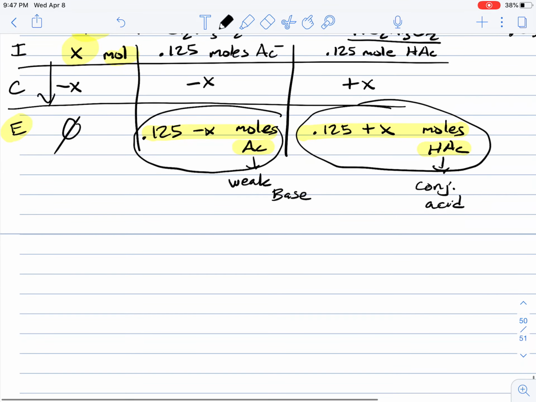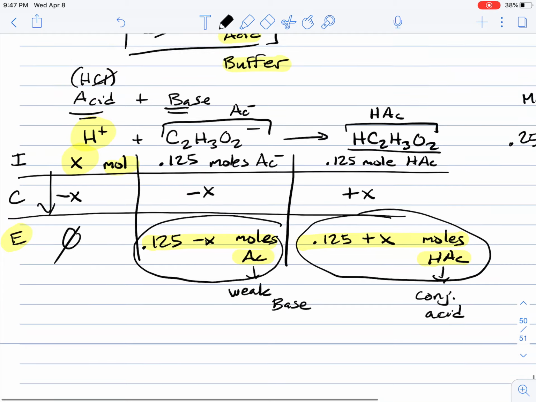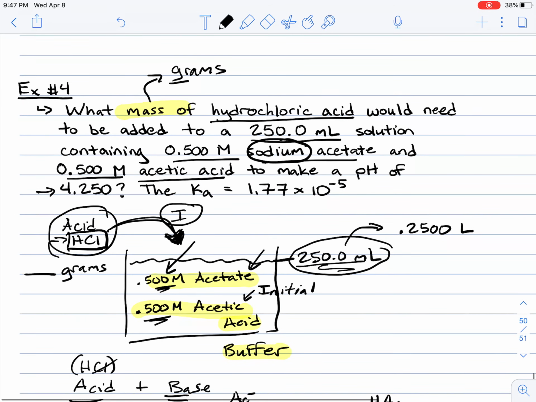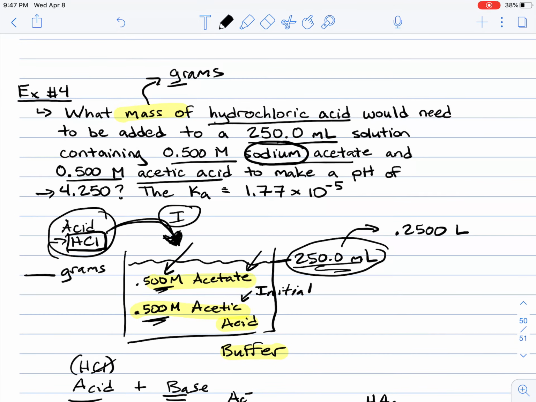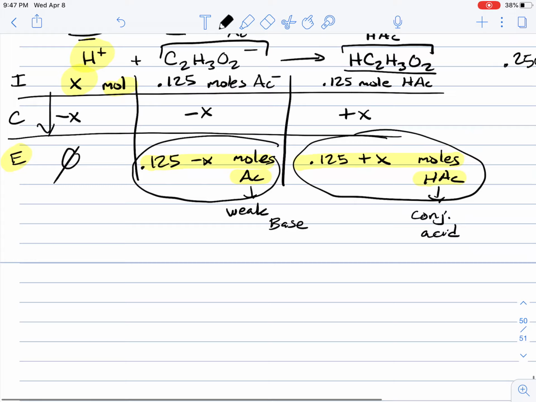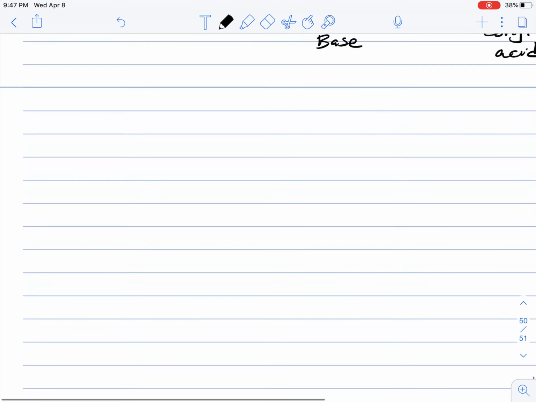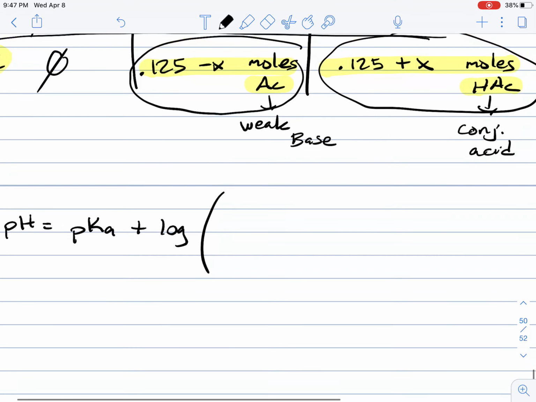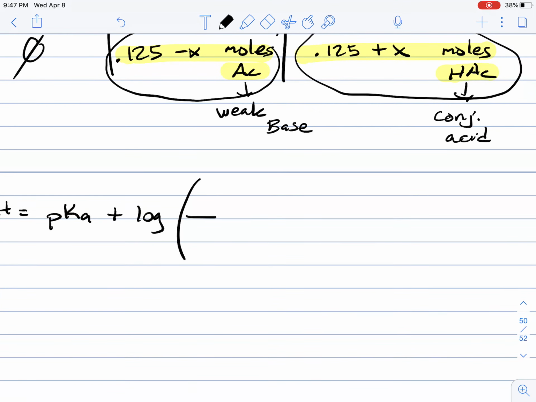And so I'm going to scroll up. Notice that they gave me a Ka value, and they gave me pH. And so I'm probably going to use the pH equals pKa version of the Henderson-Hasselbalch equation. So pH is equal to pKa plus the log of, in this case, remember the numerator is always going to be the weak base.